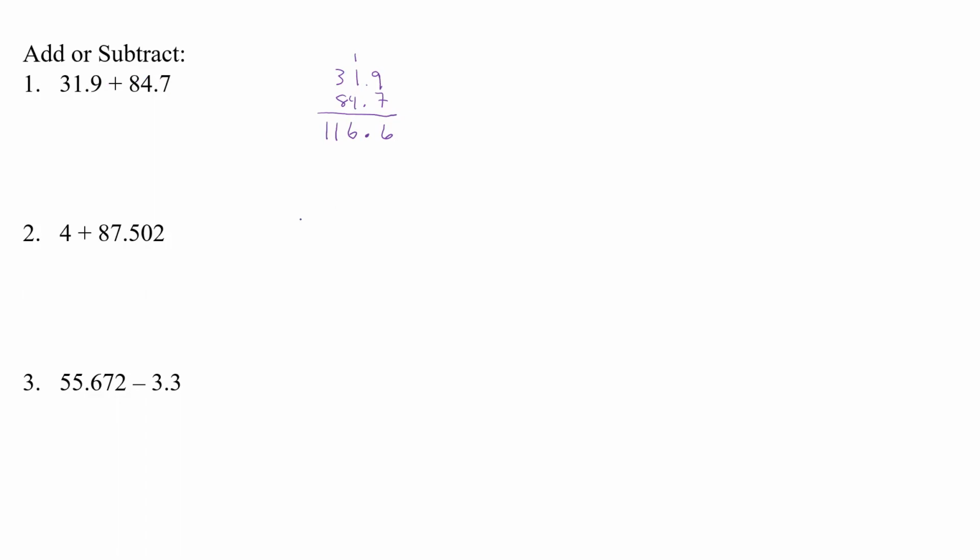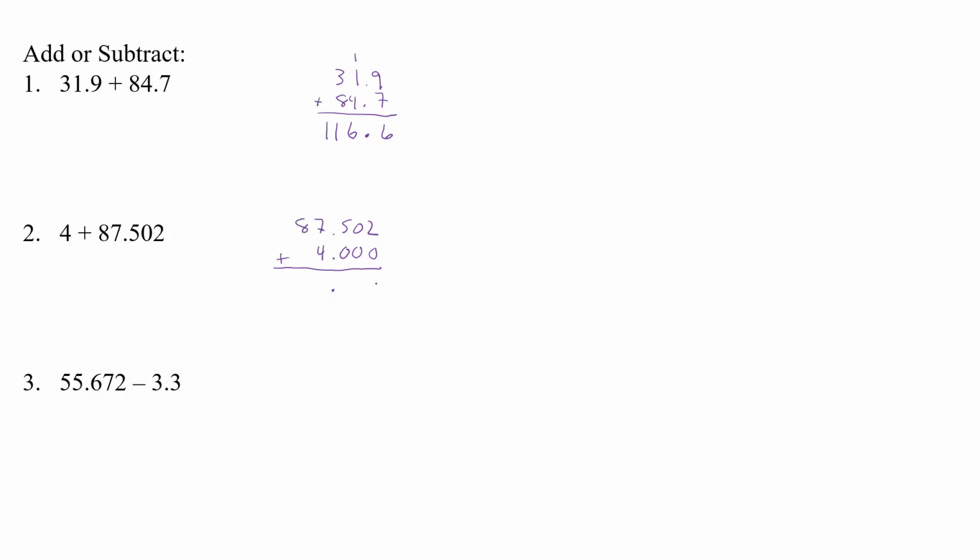Similarly, let's say we take 87.502 because it has the decimal and it's the bigger value, and we're going to add to that 4. Well, it's 4 point, and if you want to, we can always add trailing zeros and it doesn't change the value. That way, when we're adding, we know that there's values there. So when we add here, we're going to bring down our decimal to about right there.